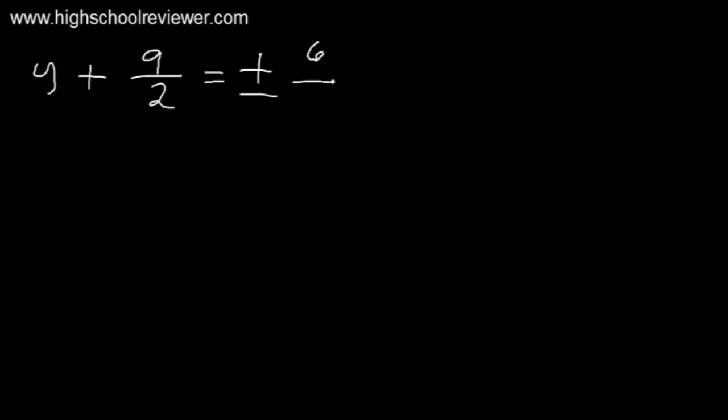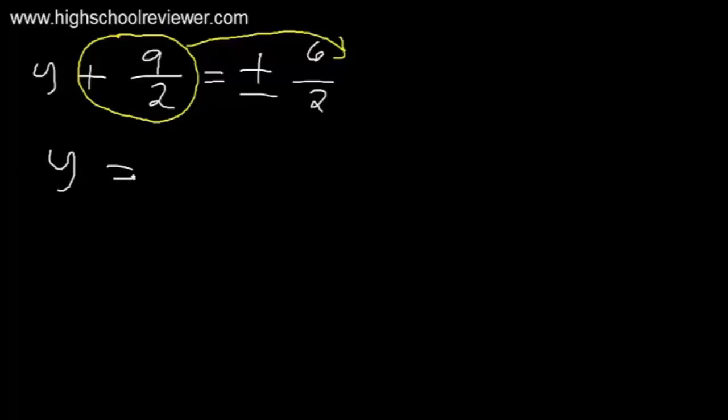6 all over 2. So to solve for y now, we need to transpose positive 9 over 2 to the other side. What will be left on the left side will now be y equals plus minus 6 all over 2.